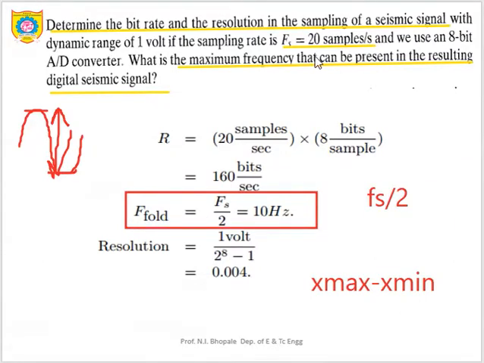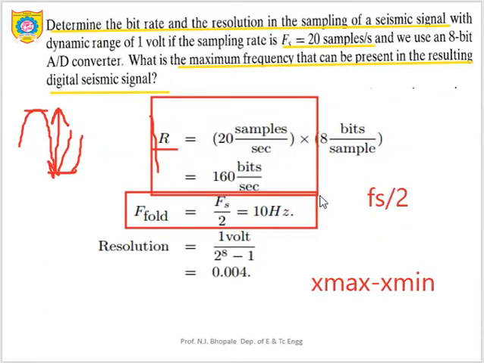Now the next part which we need to concentrate on is the bit rate, that is capital R. So this is the formula we need to proceed with. For the bit rate, it is quite easy, as we have the data fs equal to 20 samples per second and 8-bit ADC is given.